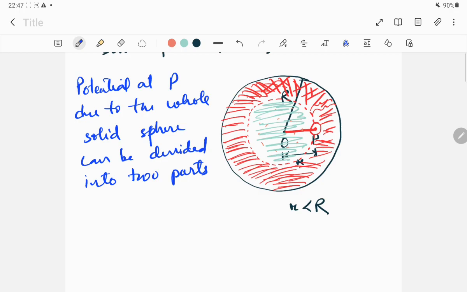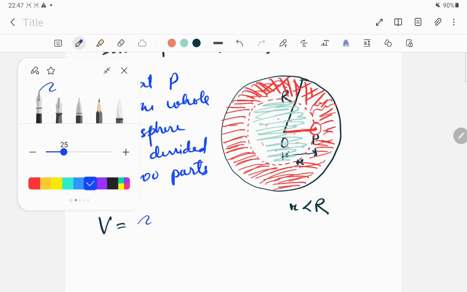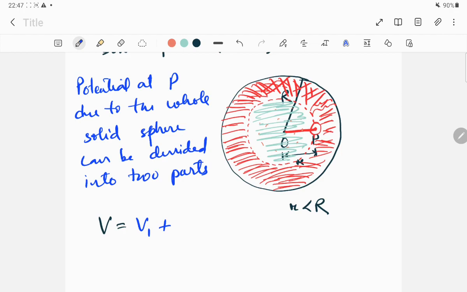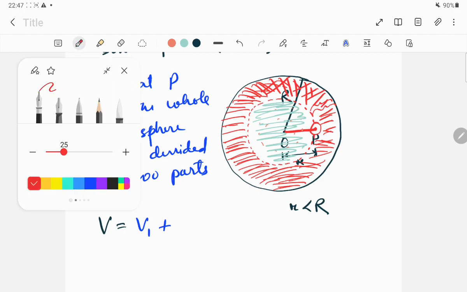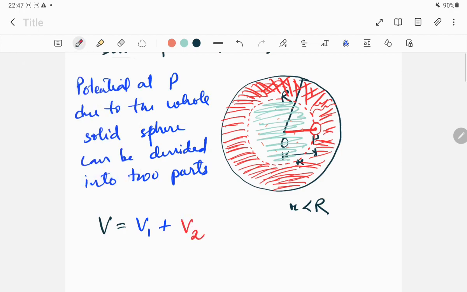We will be writing like this: V equal to V1 plus V2.